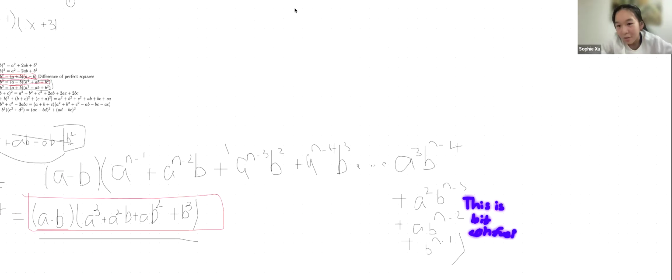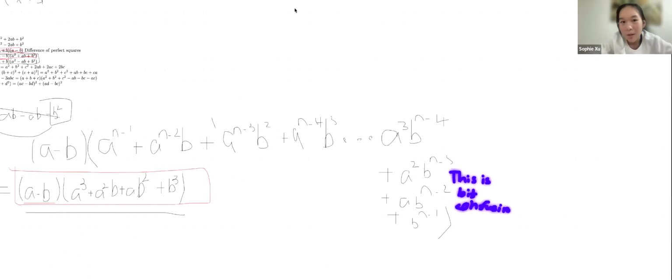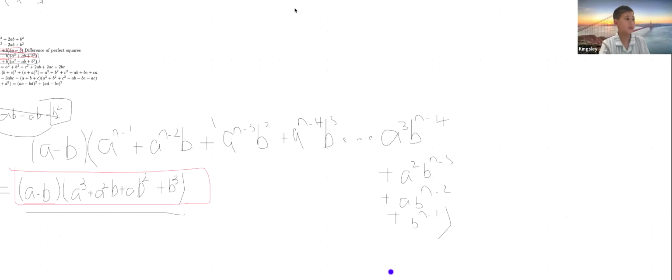This is a bit confusing. What do you find confusing? There's just a lot of terms. So you're not confused about what each of these terms represent, but you're just saying there's a lot of terms and that's scary. Yeah.